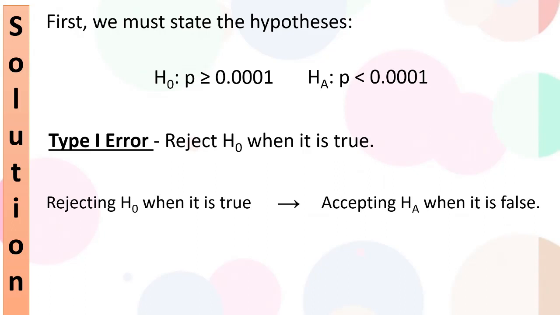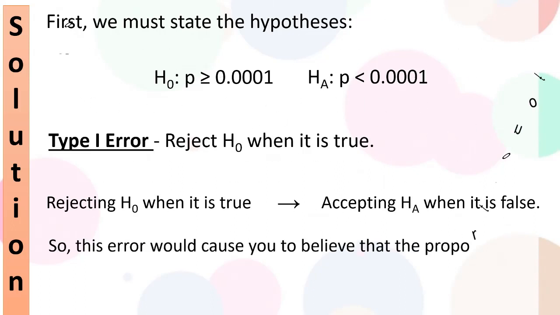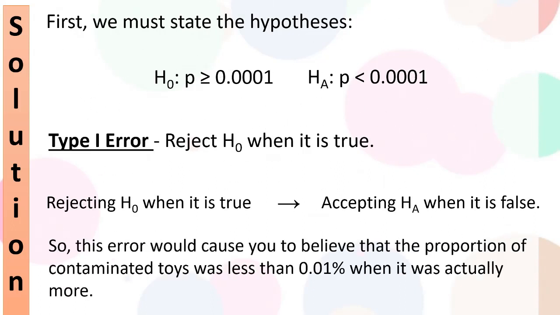So what would be the result? Well, this error would cause you to believe that the proportion of contaminated toys was less than 1/100th of a percent when it was actually more. Okay, so you would believe that it was less than 1/100th of a percent, but actually it would be more. So that's what a type 1 error would be. Let's look at a type 2 error.